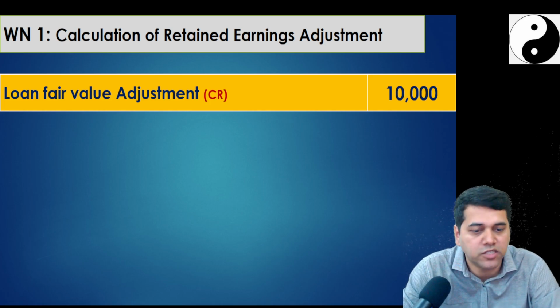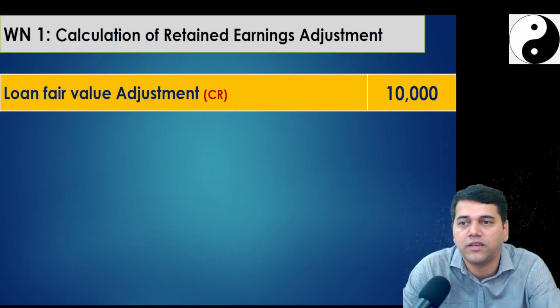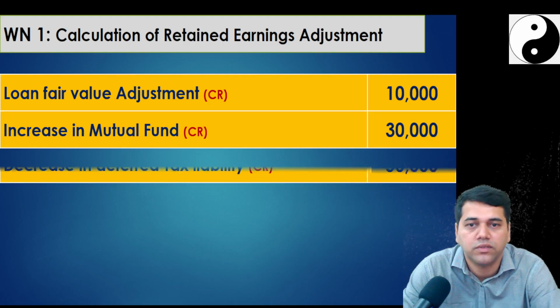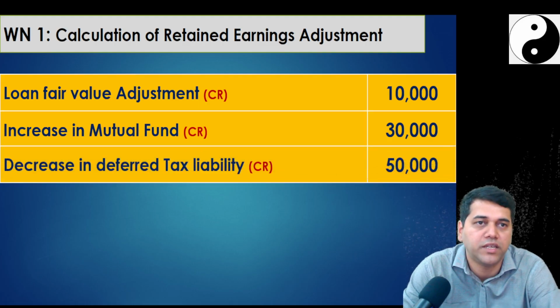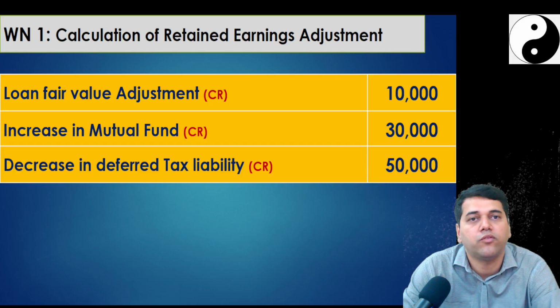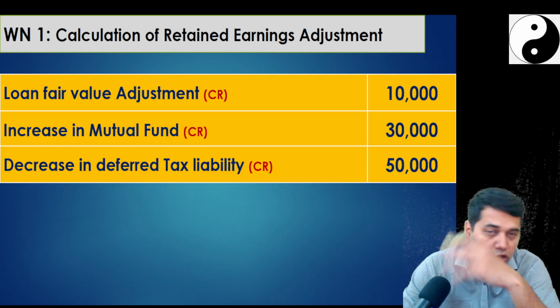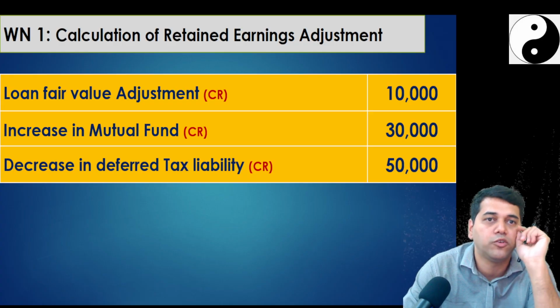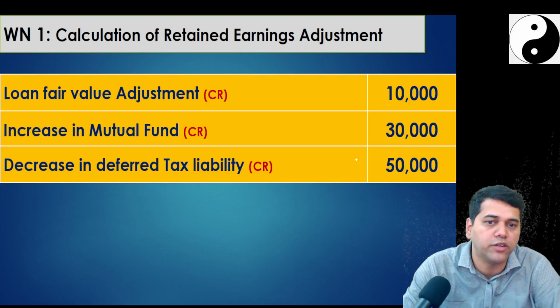We'll again go through it so that any confusions will go away. Increase in the mutual fund, did you take 30,000? Yes. Decrease in the deferred tax liability, 50,000 is credited. See, what they said: do you have to recognize on a cumulative basis for all the adjustments, deferred tax asset or liability? What entry do you pass? That's what we credited to deferred tax.